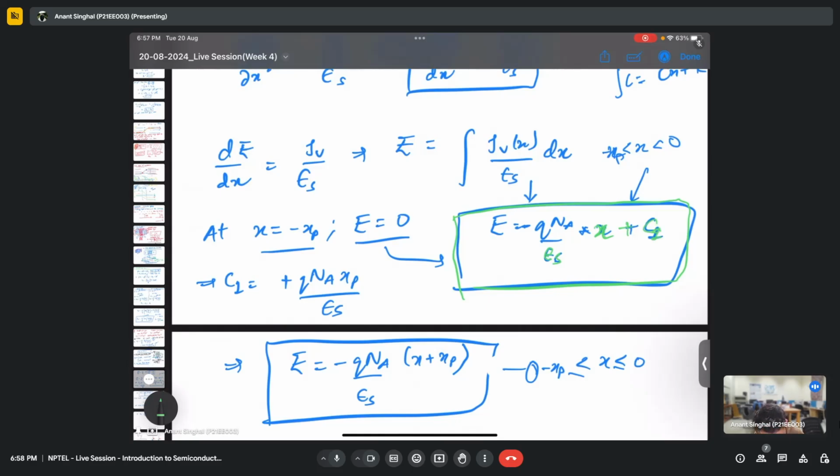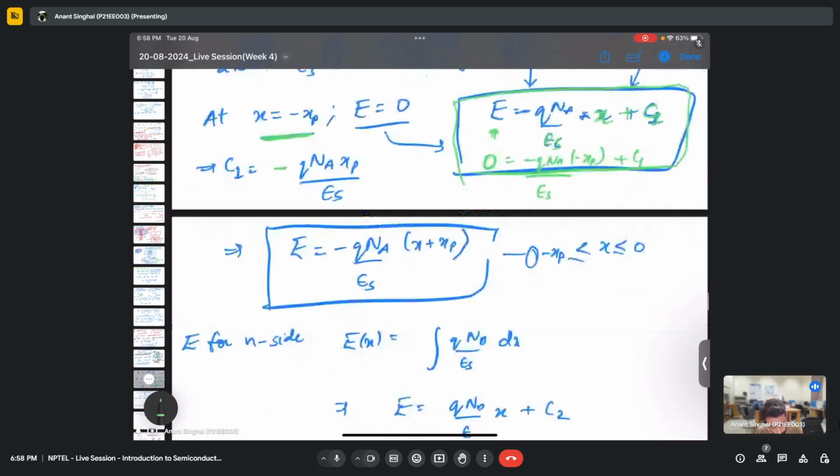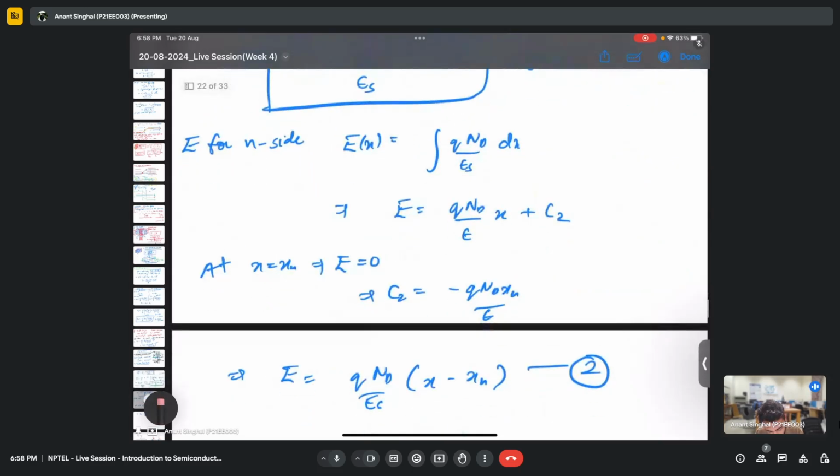I have put in the boundary condition that at x equals minus xp I have E as 0. So if I put E as 0 and x at minus xp, I'll get the value of C1, which is some constant. So this is what I've written. Similarly, for the n-type region at x equals xn, I have put the same condition that E is 0 and I've got C2.